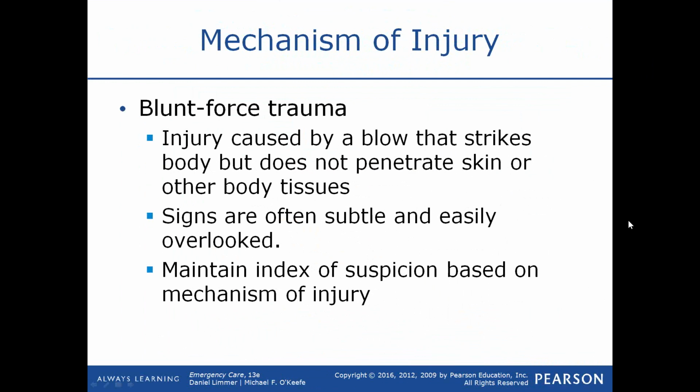We just have to have a high index of suspicion based on the mechanism of injury. So as an example, if I relay to you that somebody hit me in the lower part of my back with a baseball bat, and now I have severe flank pain, you would know that that is a blunt force injury and could have damaged the kidney underneath.